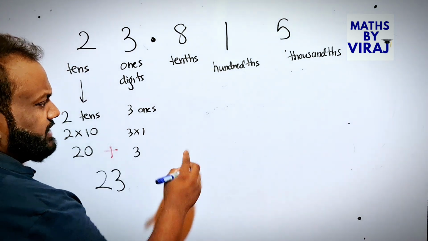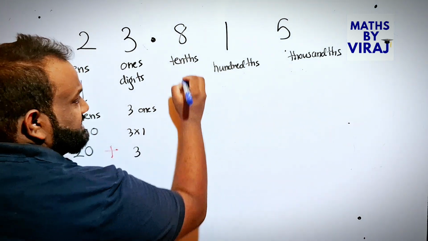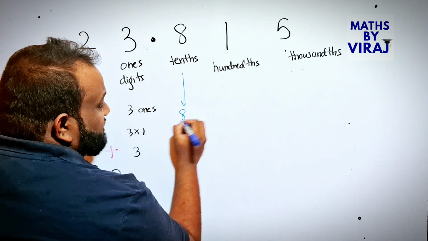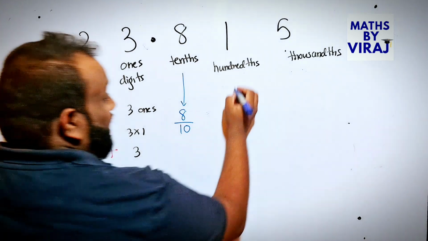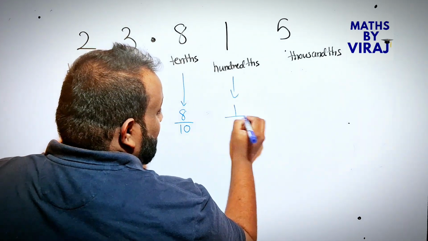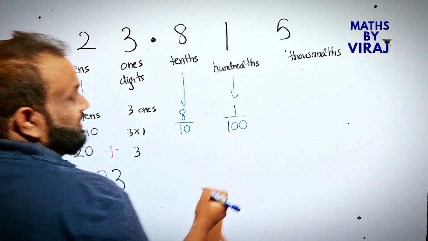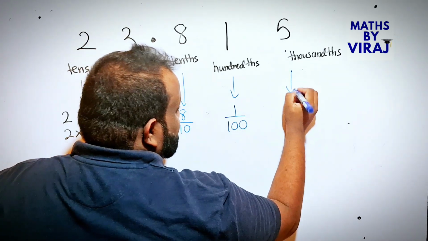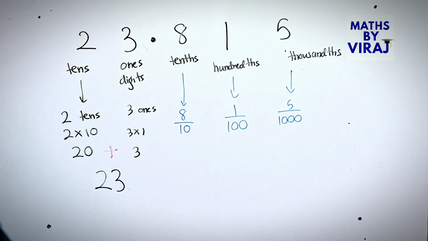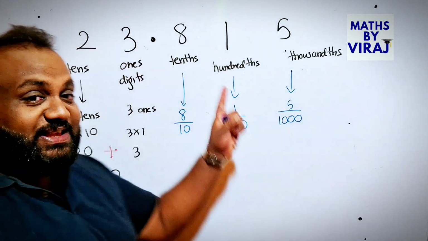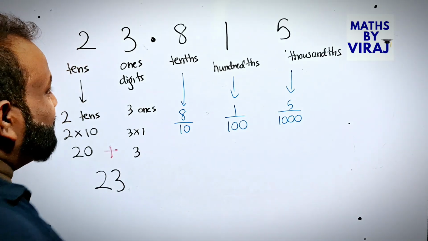How do we know this? 8 tenths, it's like a fraction, 8 over 10. 1 over 100, 5 thousandths, which is 1 over 1000. If I break them individually, what would it be?